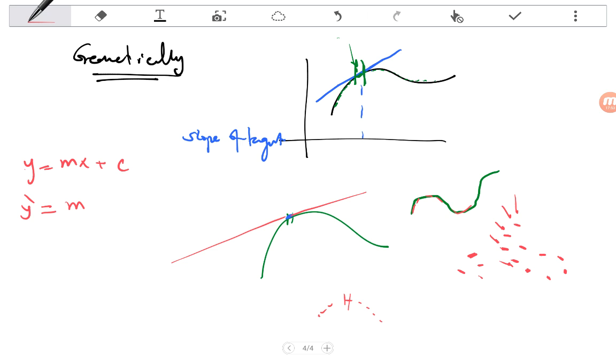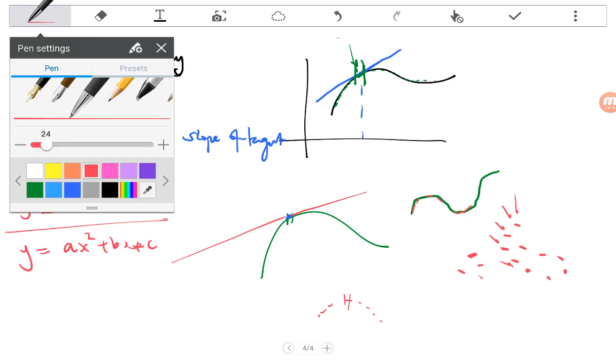What is the curve that has a constant second derivative? Now we need to know what is the meaning of the second derivative. Do you know it? Let's take, for example, y is equal to ax squared plus bx plus c. Let's find its first derivative.